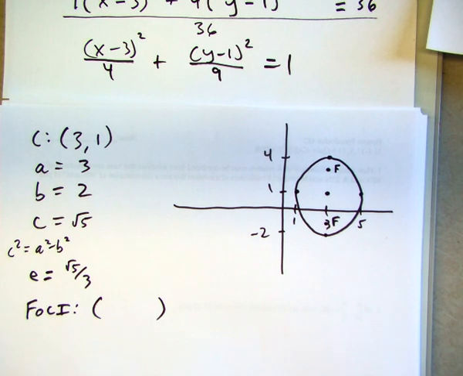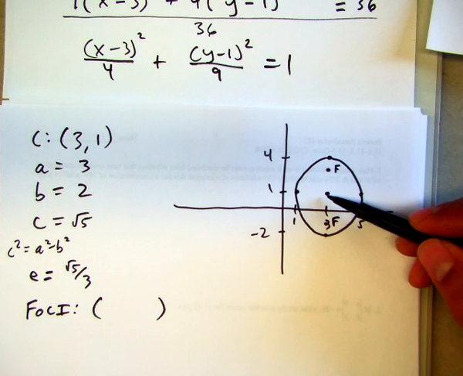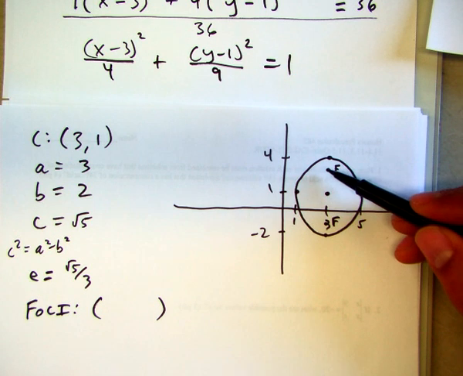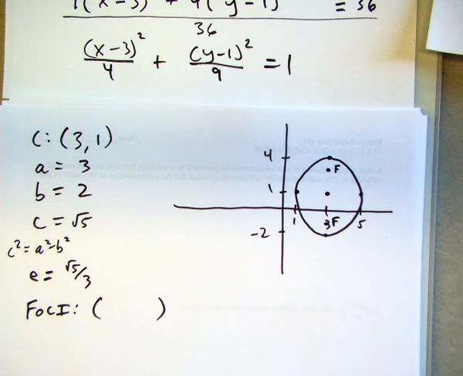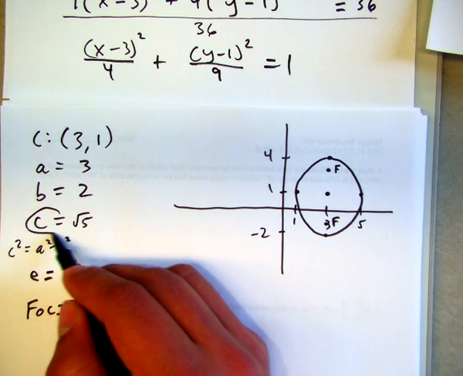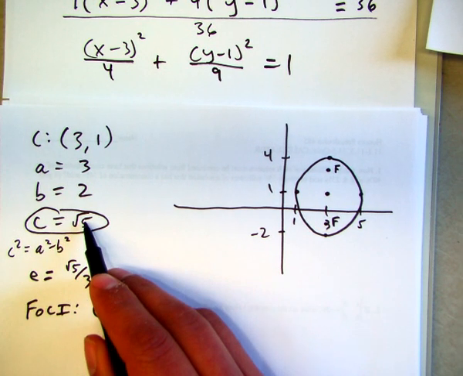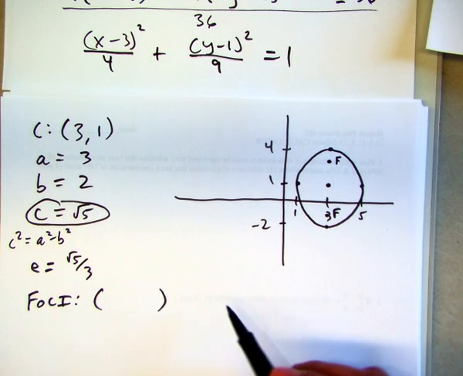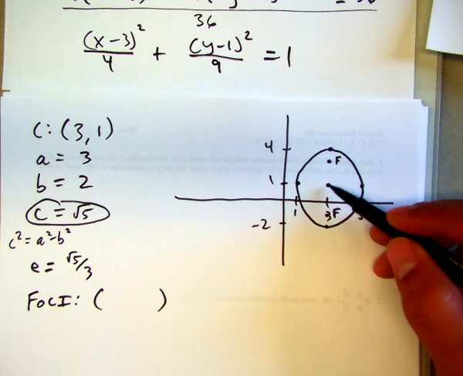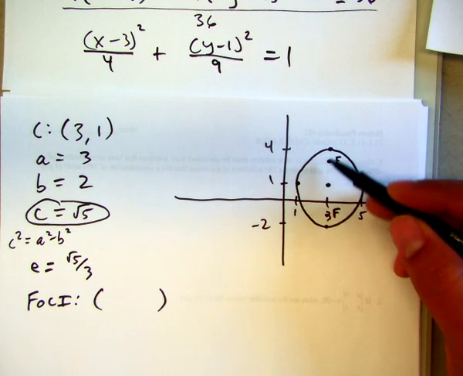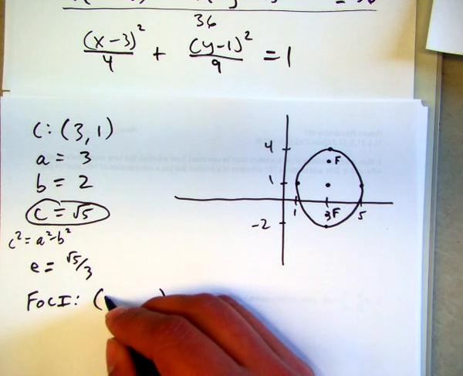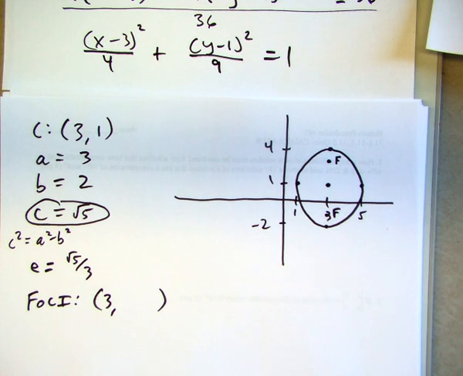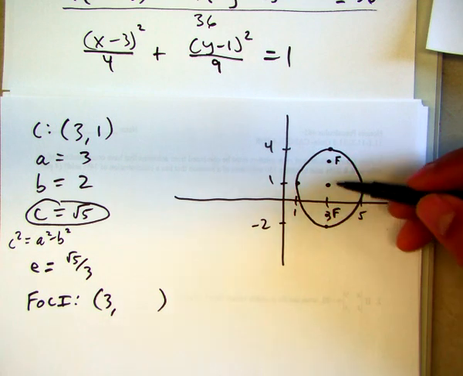From the center, how far up or how far down are the foci? Root 5. This tells you the distance from center to focus. What are the x-coordinates for both foci? 3, and then the y-coordinate's the one that's changing, right? We started at what y value?